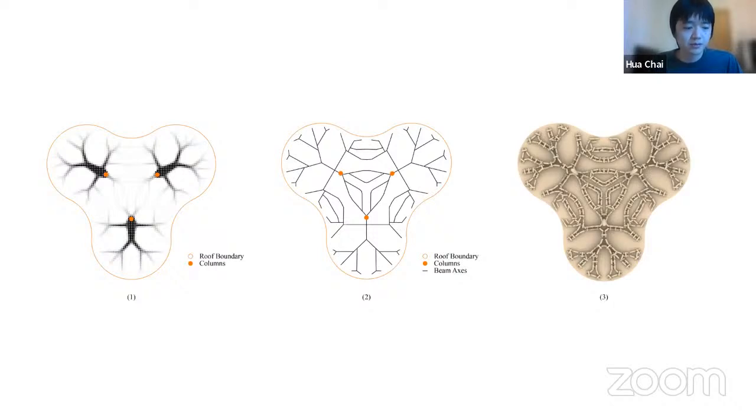In our case, the system is designed to be composed of discrete timber sticks that are iteratively placed and joined with nails and glue.